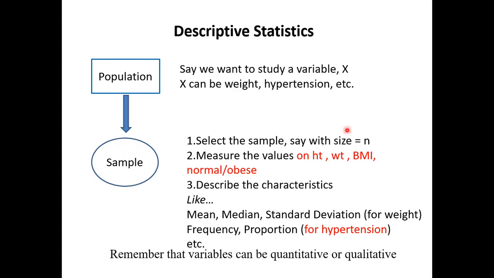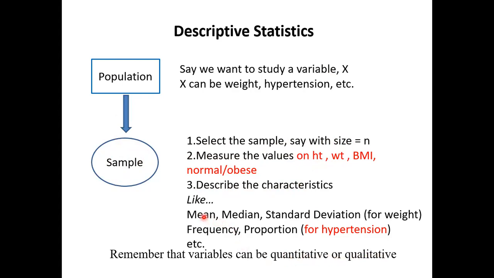So once you have the sample, the first step is to describe the sample values. Select a sample of size n, measure the values, for example, height, weight, BMI, and so on. Next, describe the characteristics. The variables can be quantitative or qualitative.